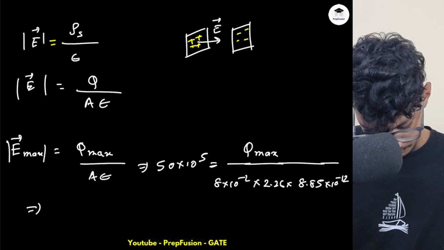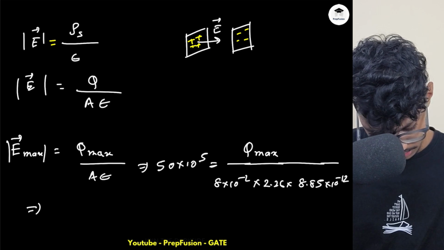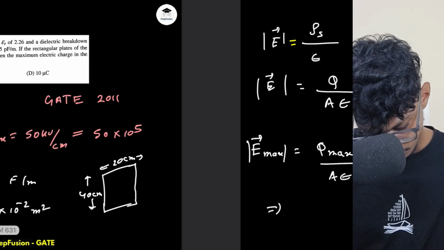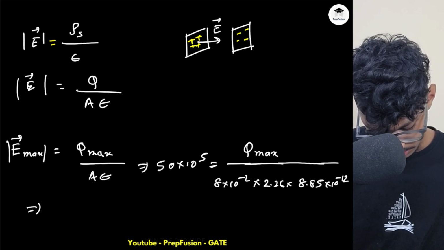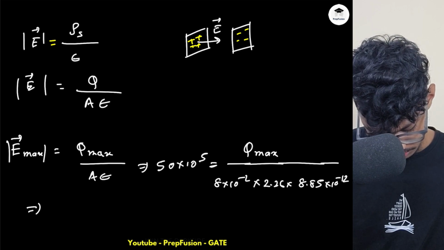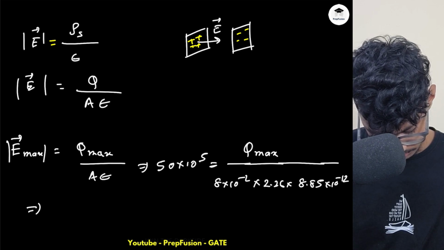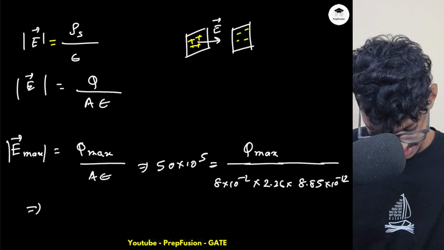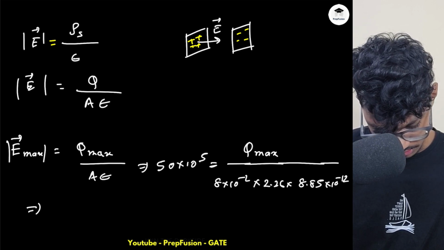So if I compute it, 50 into 8 into 2.26 into 8.85.